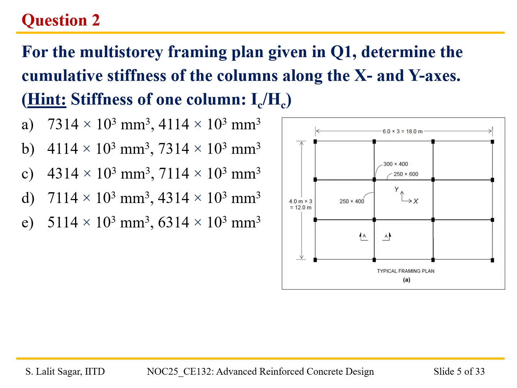Okay, now let us proceed to determine the cumulative stiffness. Okay, so here again we are moving to along the x-axis and along the y-axis. Okay, so keeping that in mind, let us proceed.